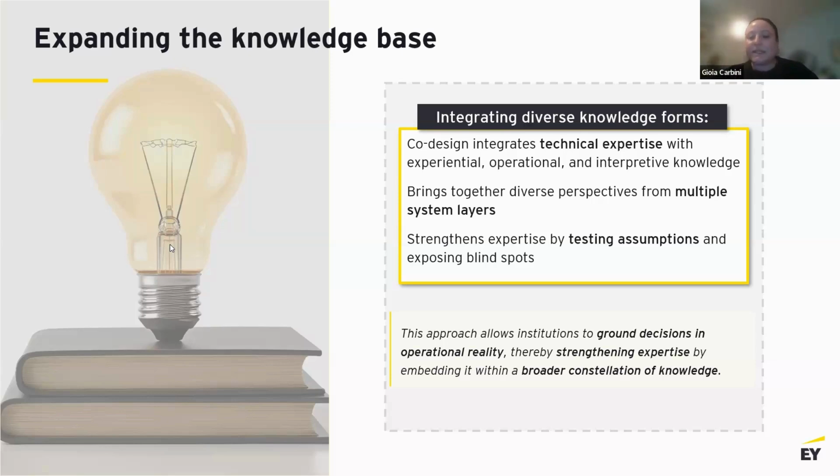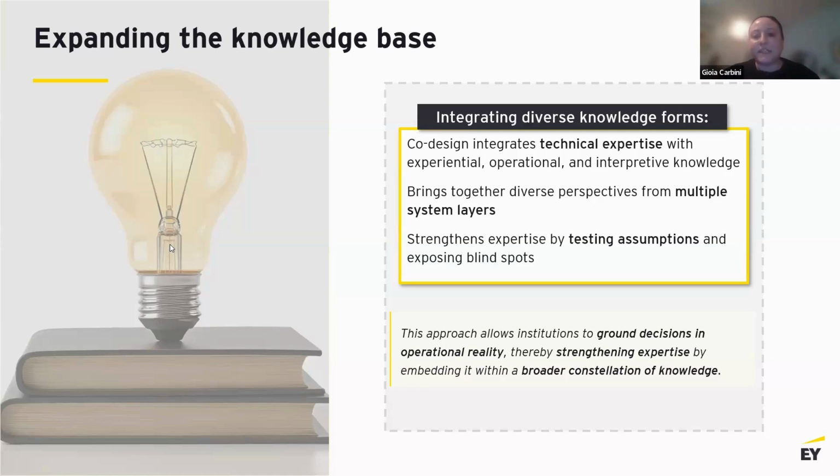From one side, co-design truly complements technical expertise, but at the same time, we have in the room the people who truly experienced what this decision that we're currently making means from their daily lives perspective. So we integrate a constellation of knowledge that is not just a very vertical one, but a shared plethora of different types of knowledge.